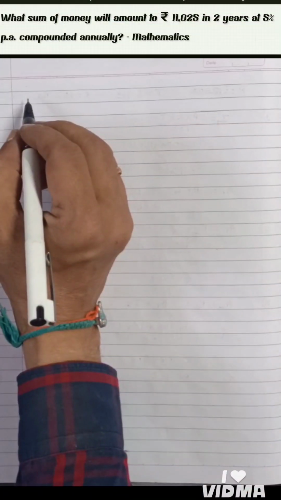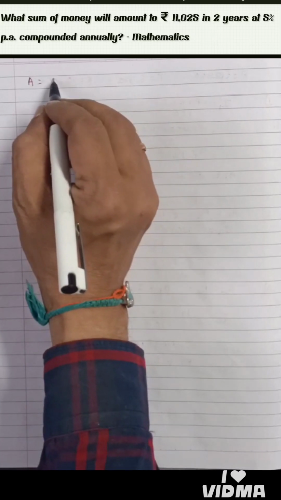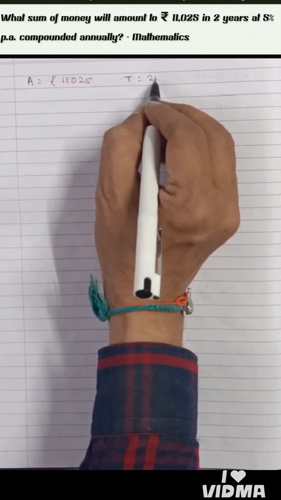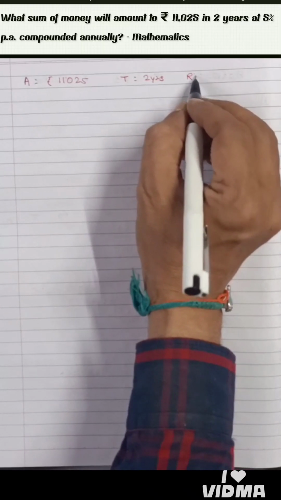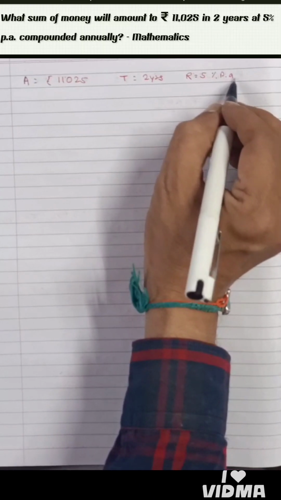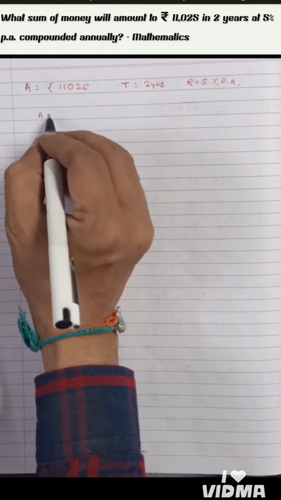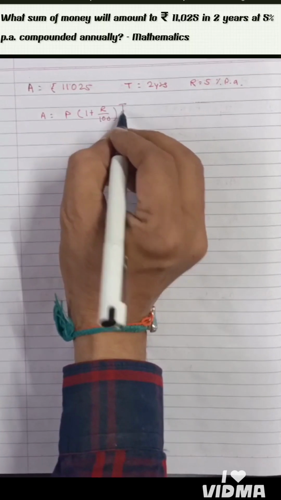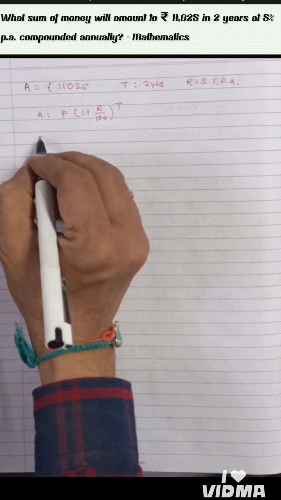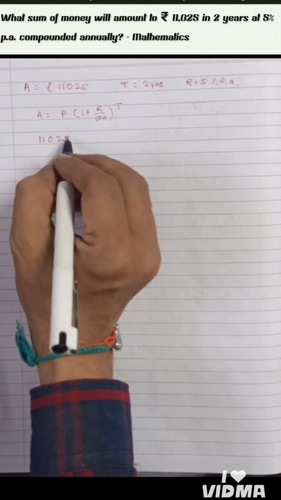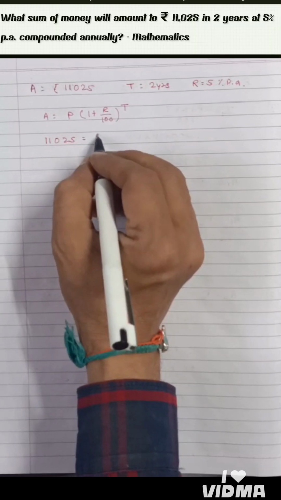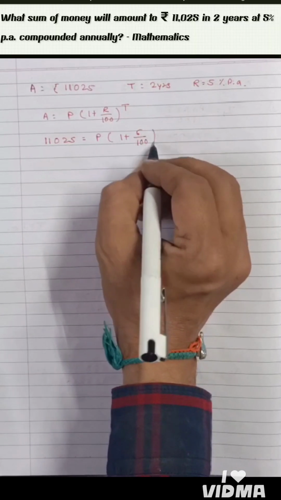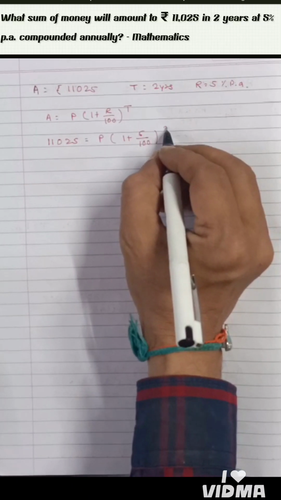Now see, in this sum it is given that the amount is rupees 11,025. Time period is given as 2 years and rate is given as 5% per annum. So as per the formula, we have amount is P into 1 plus rate upon 100 to the power T. Amount is already mentioned, it is 11,025. Principal is not given here. 1 plus rate is given as 5 upon 100 and time period is 2 years.